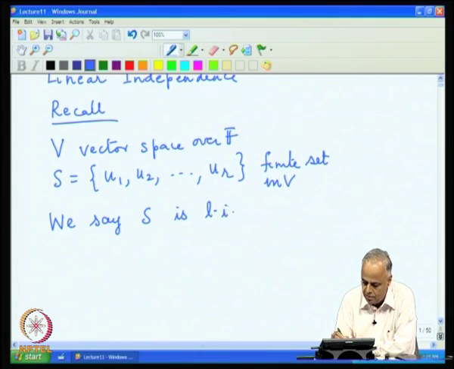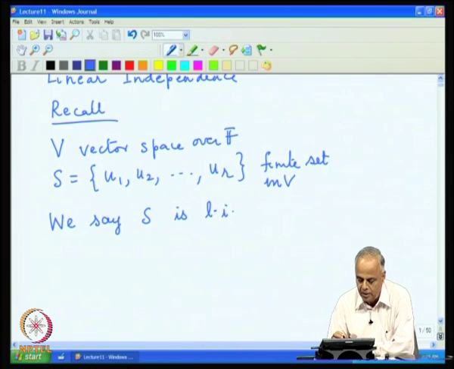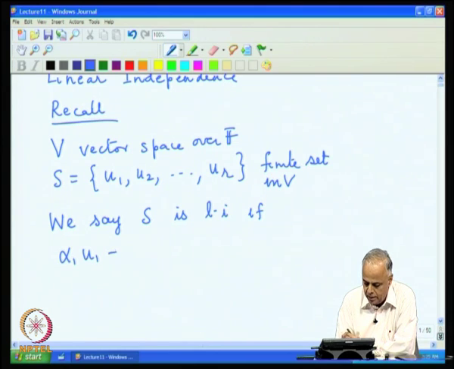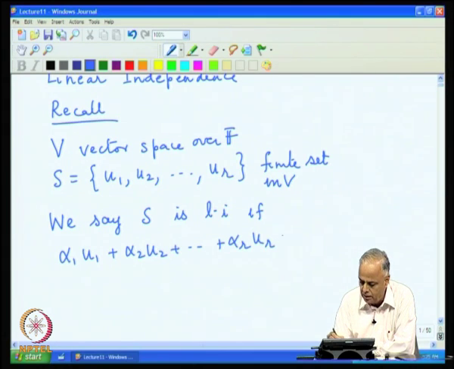As I mentioned last time, we will write LI for linearly independent. We say S is linearly independent whenever we have a linear combination of these vectors giving rise to the 0 vector, then all the coefficients must be equal to 0.